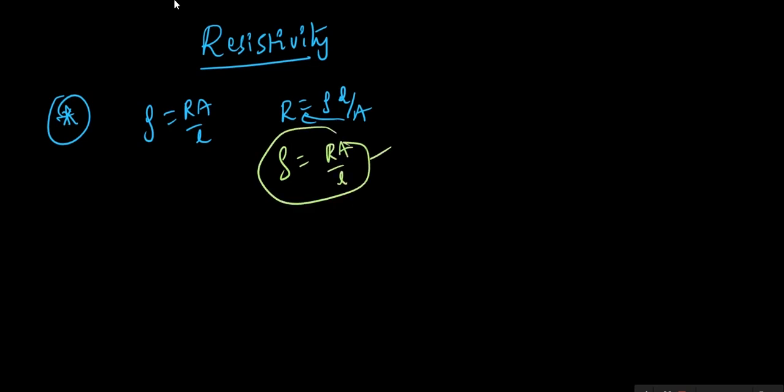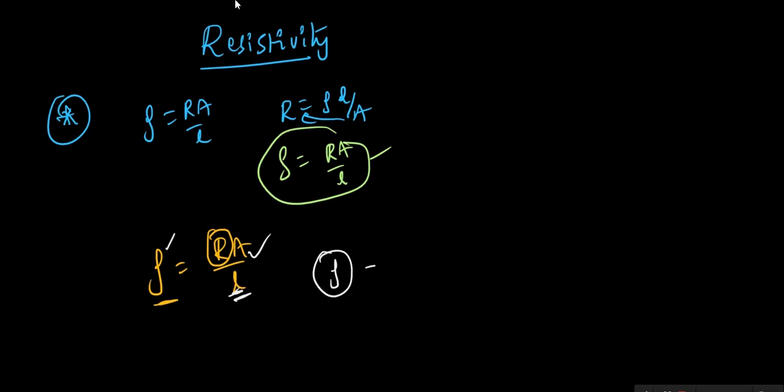The resistivity of a conductor is equal to the resistance of a conductor of unit length and unit cross-sectional area.